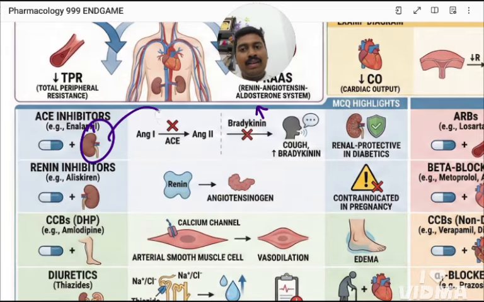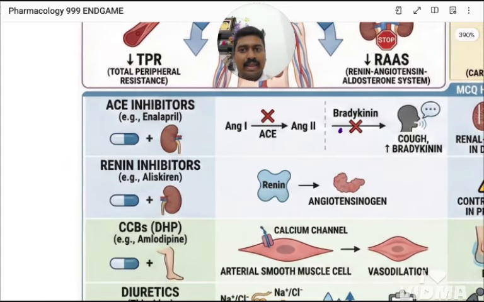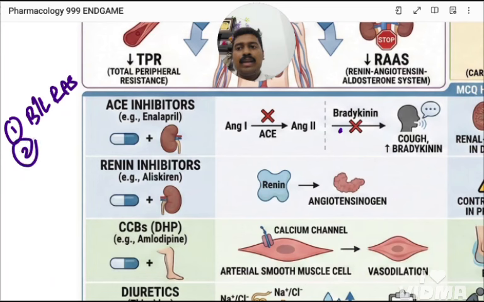In the kidney it will do this one, in the lungs it will do this, so you shouldn't get confused. So a common side effect of ACE inhibitors is cough. What is the prototype drug? Captopril is the prototype drug for ACE inhibitors. One more thing you will have to remember is there are three main contraindications for ACE inhibitors: bilateral renal artery stenosis, hyperkalemia, and pregnancy.